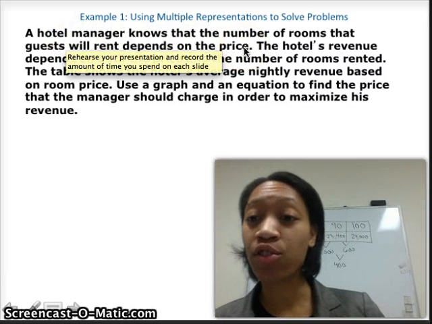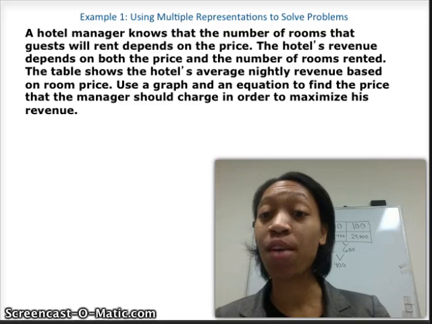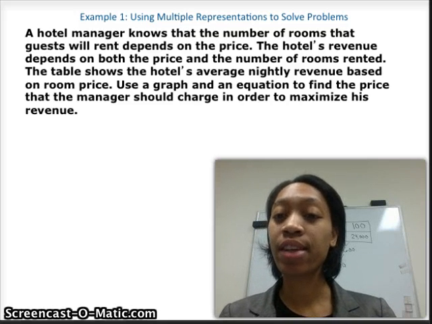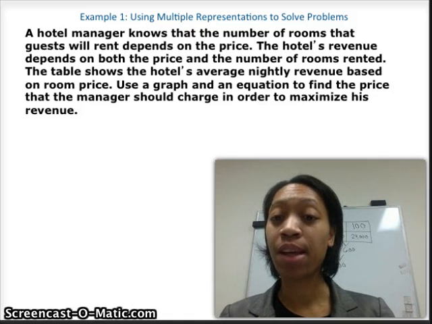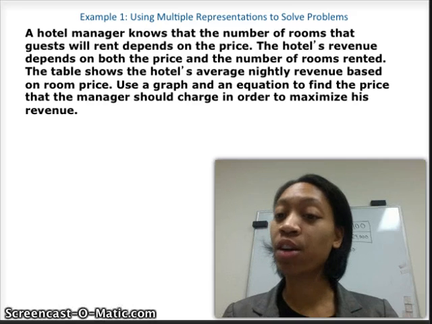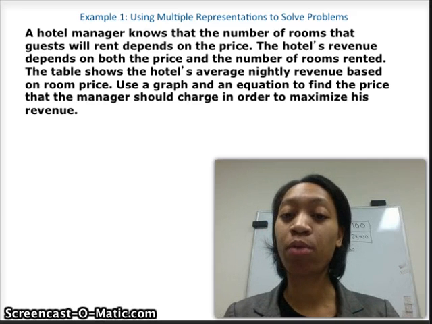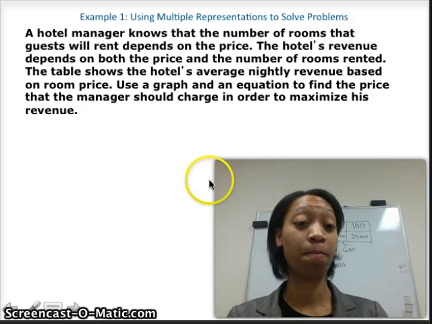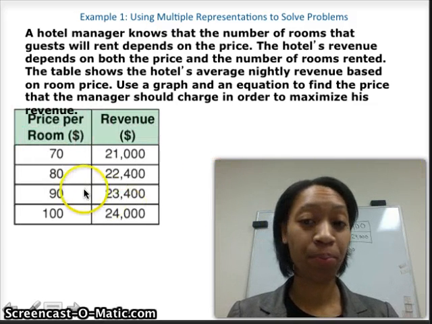The hotel's revenue depends on both the price and the number of rooms rented. This table shows the hotel's average nightly revenue based on the price. Use a graph and an equation to find the price that the manager should charge in order to maximize his profit. So we're given this table.